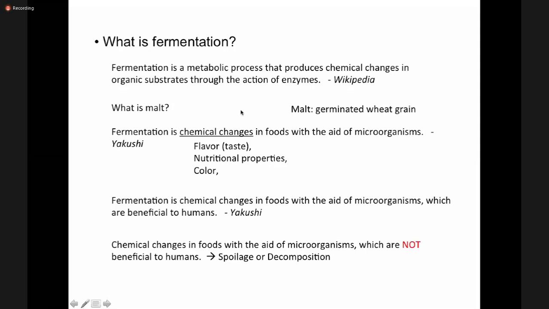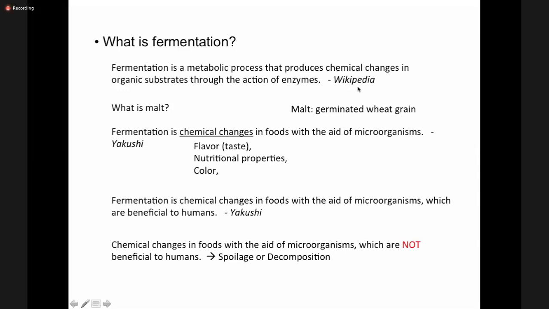It's just a definition, and I checked Wikipedia recently. Wikipedia said fermentation is a metabolic process that produces chemical changes in organic substrates through the action of enzymes. This is the definition in Wikipedia.